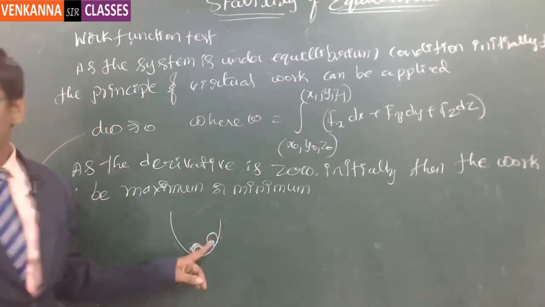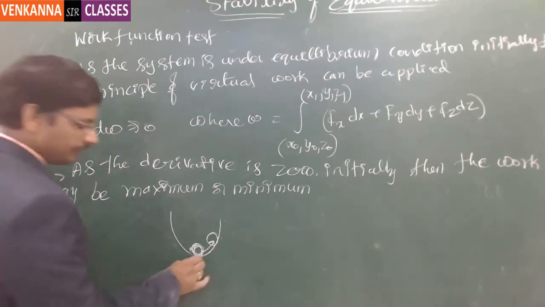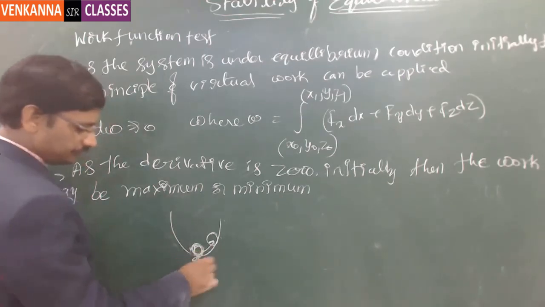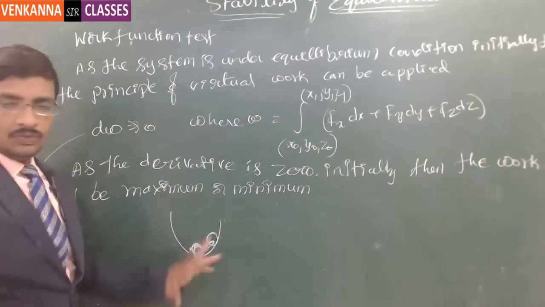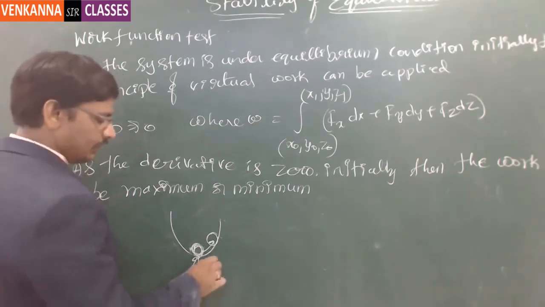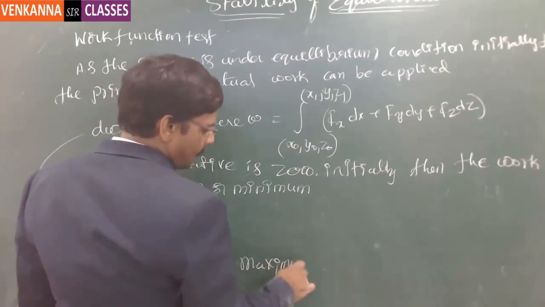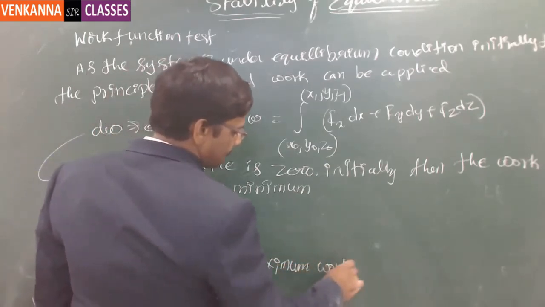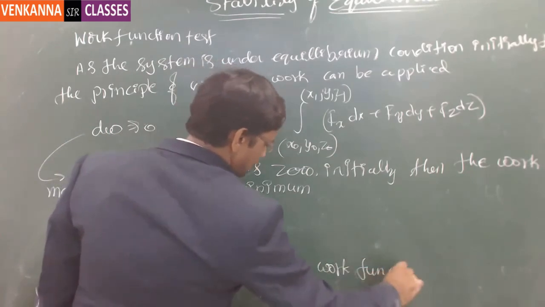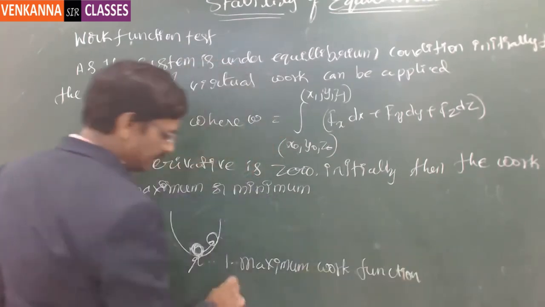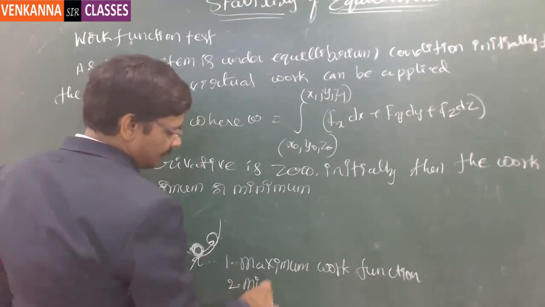Then it will try to come back. Here we take two different conditions. Let us say one case is the maximum work function, and the second case is the minimum work function, because both are possible.